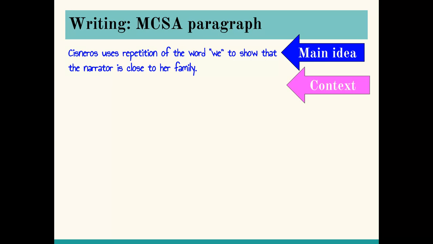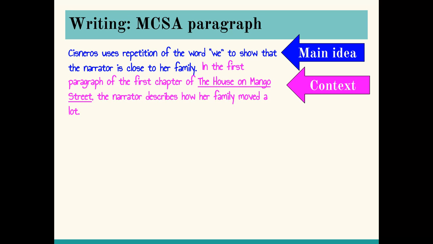All right, so I have my main idea. The next thing I know that I need is my context. And I know that my context is just one sentence that introduces where I found my supporting evidence, where I found my quote. So I'm going to explain a little bit about where in the story I found my quote. In the first paragraph of the first chapter of The House on Mango Street, the narrator describes how her family moved a lot.